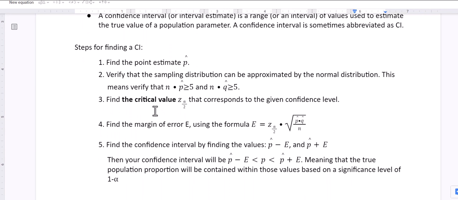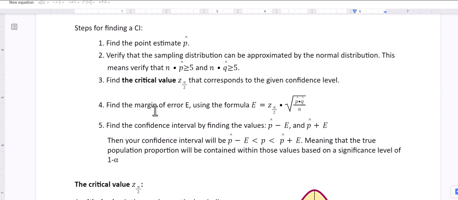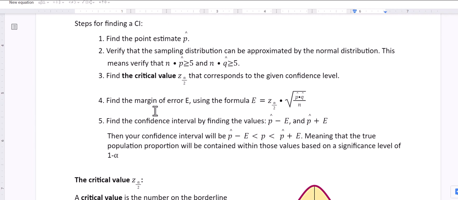All right, steps for finding the confidence interval. First is finding the point estimate. So we found our population point estimate, which is p hat, which is the proportion of blue candies, the 14 out of 53. Now we're going to verify that the sampling distribution can be approximated by the normal distribution. This is what we did last time in section 6.6.